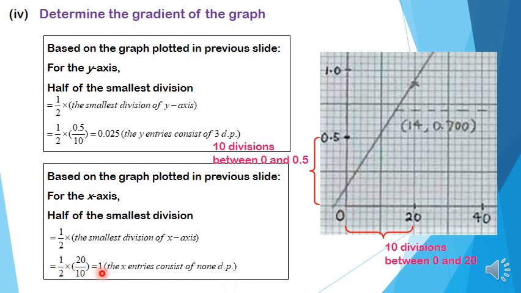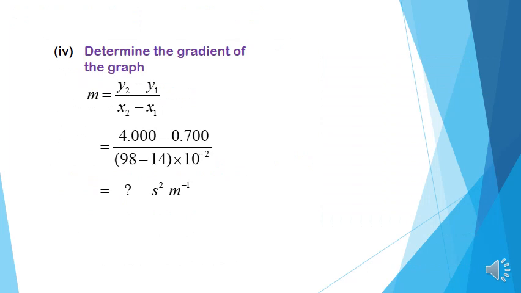This means that the values of x2 and x1 that we substitute into the formula of gradient m do not consist of any decimal places. Therefore, the values of y2 and y1 must consist of 3 decimal places, whereas the values of x2 and x1 do not consist of any decimal places.